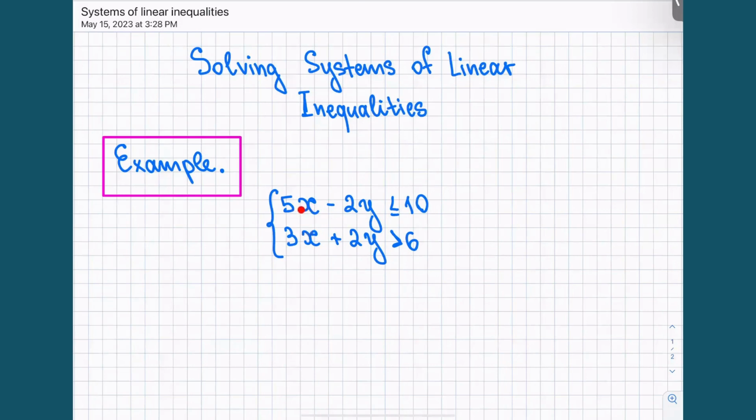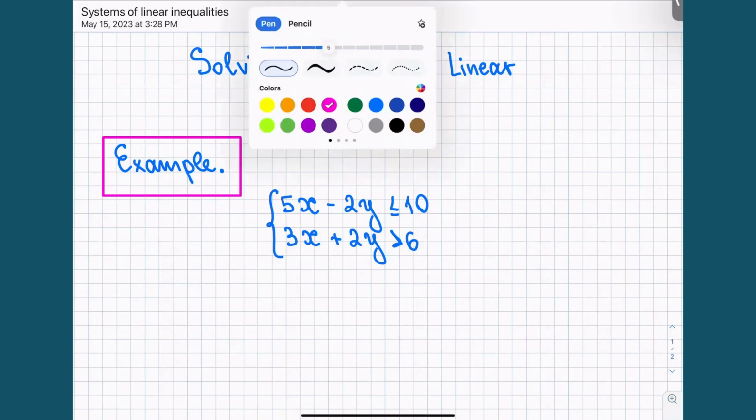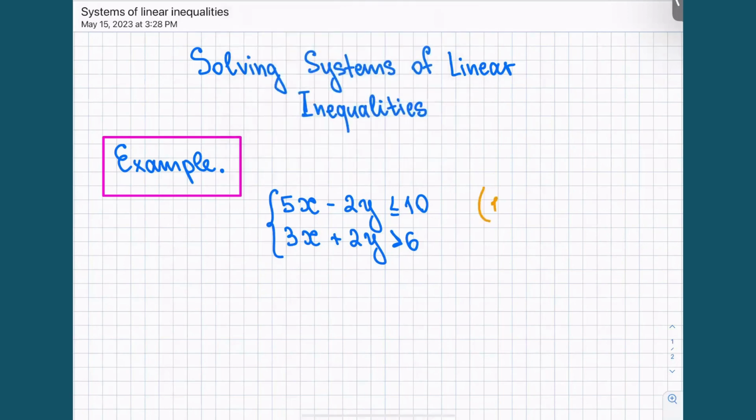So these and these both have to be satisfied simultaneously. So that word and in mathematics is always denoted by the intersection operation. So for convenience, dear students, let's denote this top inequality by 1 and this bottom inequality by 2.